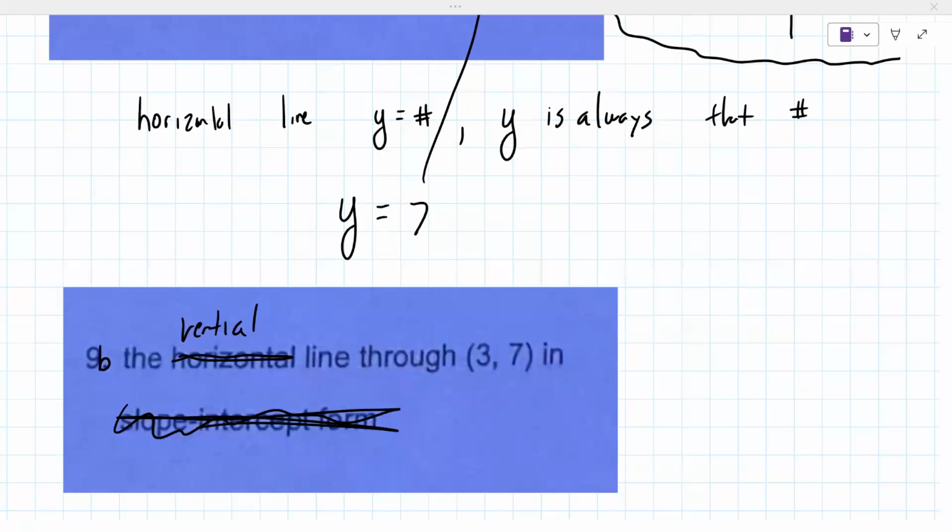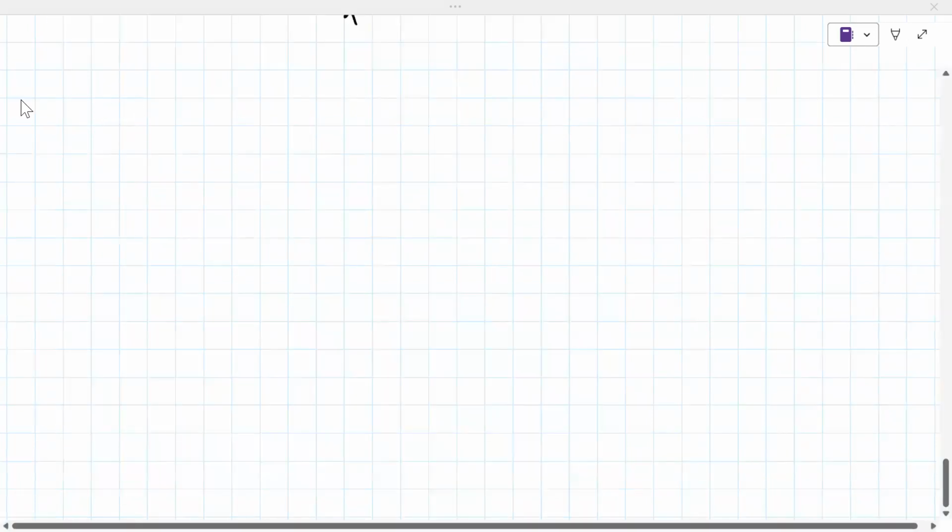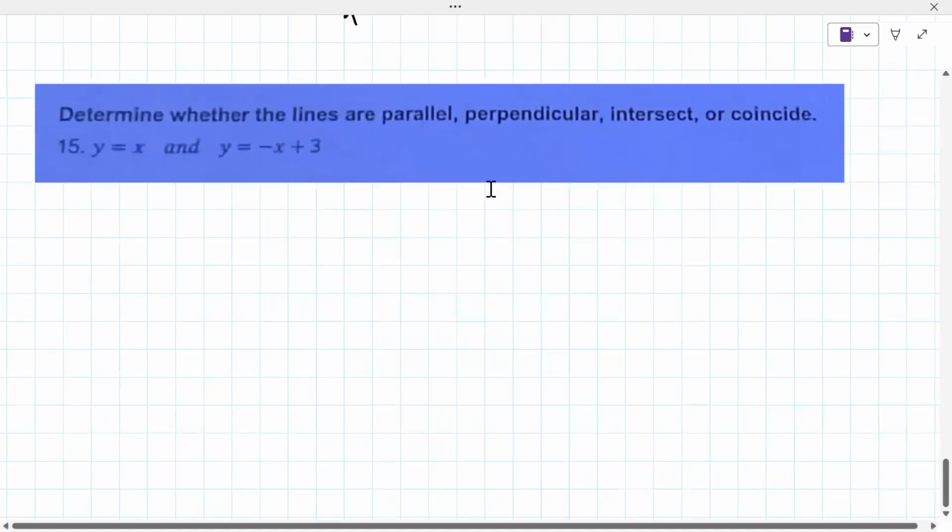Let's actually do 15, 16, 17 first. This will lead nicely back into the other grouping of questions. All right, it says determine whether the lines are parallel, perpendicular, intersect, or coincide.